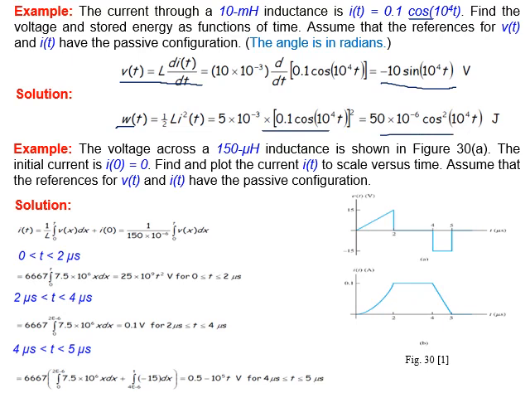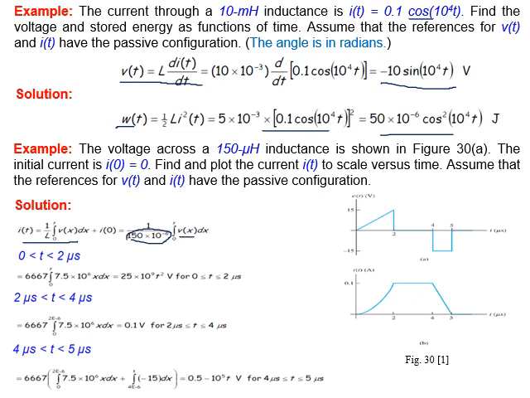Another example. The voltage across a 150 microhenry inductance is shown in the figure. The initial current is 0. Find and plot the current. Now i is 1 over L integral of voltage. L is given to me, so I substitute directly. So what is left?